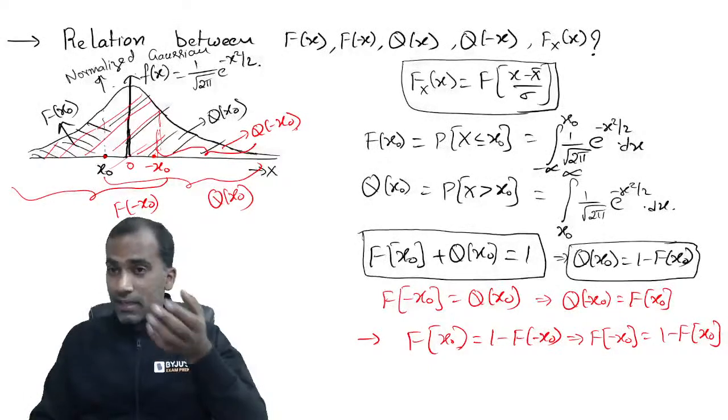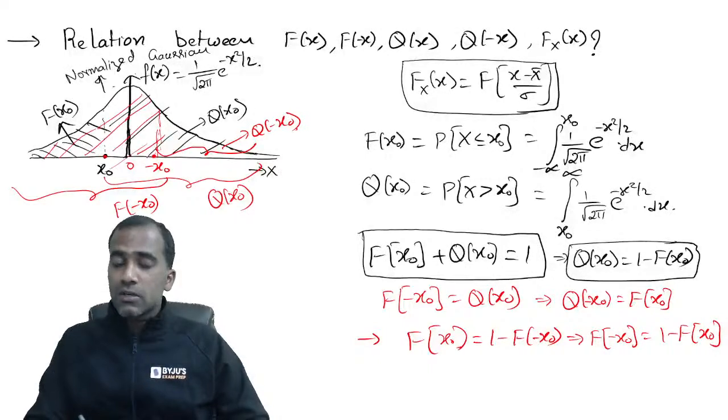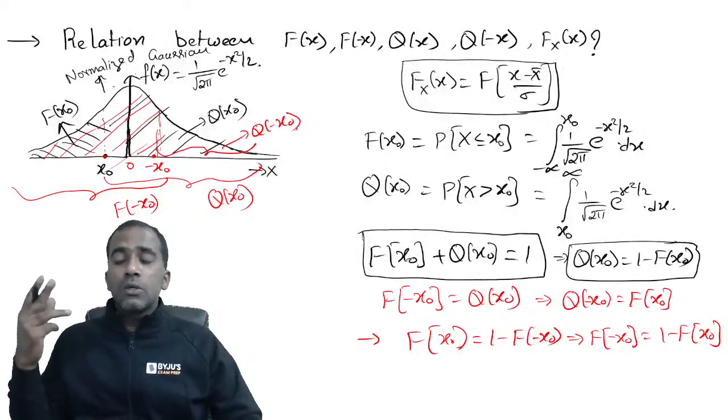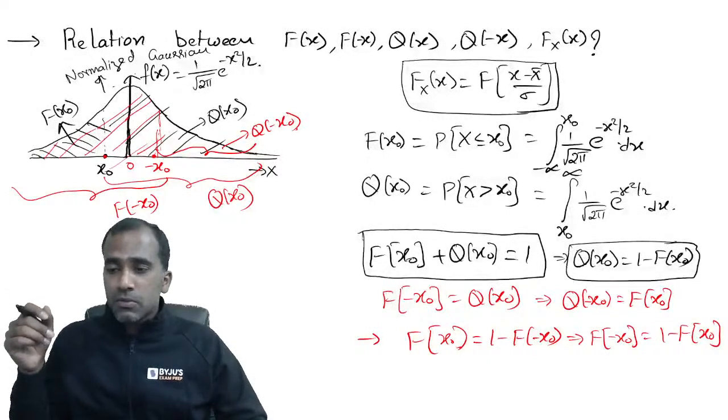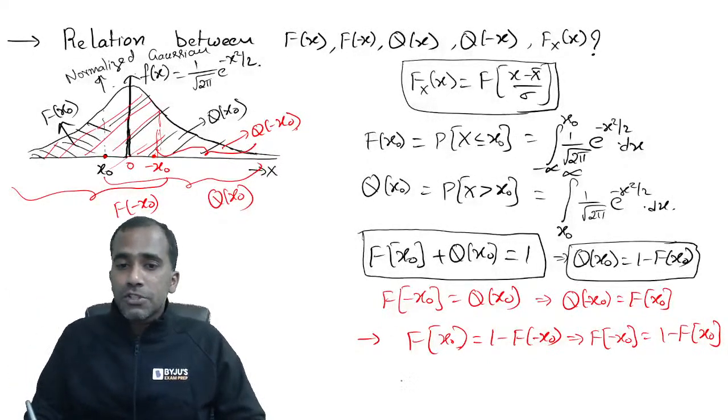And there are other ways of representing these areas. The area from minus infinity to x naught and x naught to infinity, we are writing them as F of x and Q of x, right? Similarly, there are two other functions. If you are interested, you can explore them on the internet, or you might already know them: error function and complementary error function. Error function of x, complementary error function of x.